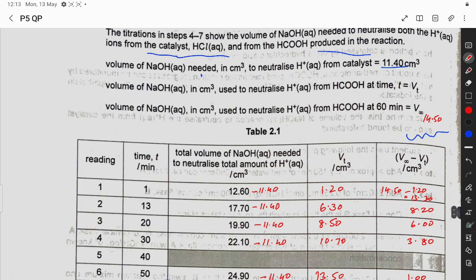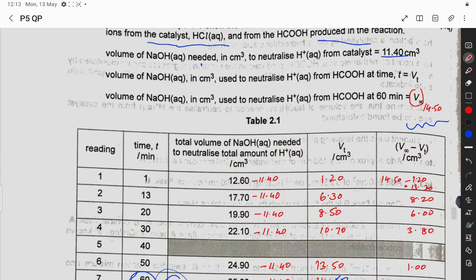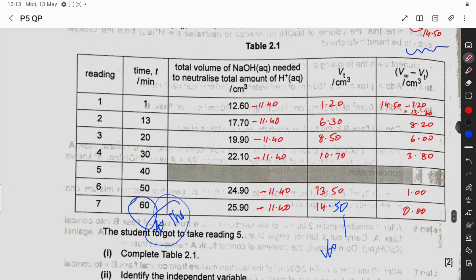Volume of sodium hydroxide in cm³ used to neutralize H+ from HCOOH at time t is equal to Vt, and volume of sodium hydroxide used to neutralize H+ ion from methanoic acid at 60 minutes is V infinite. So this is at 60 minutes, this is the V infinite value.